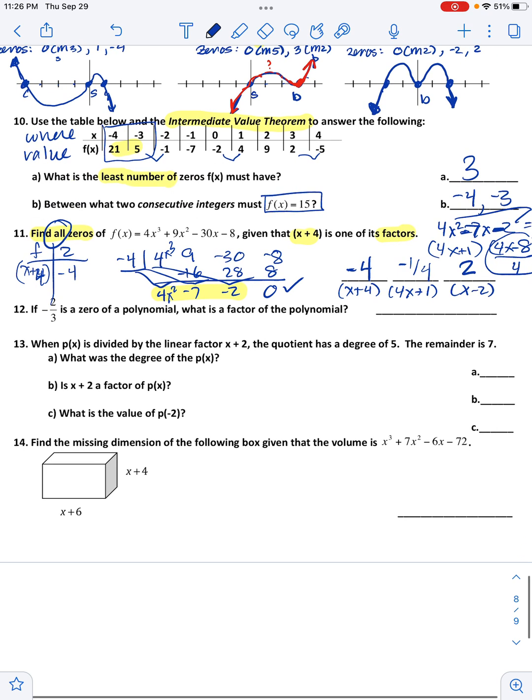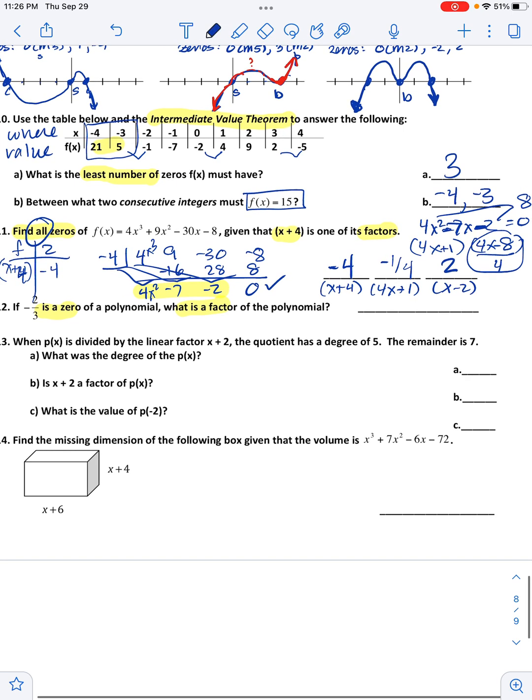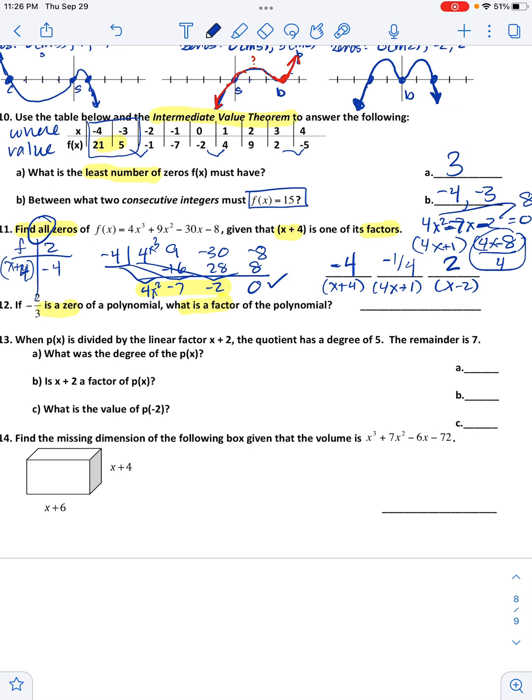All right. Again, just understand the relationship. If this is a 0, what is a factor? So it's back to thinking about that factor 0 table that I keep insisting is a brilliant idea. So I'm thinking about if they give me this as a 0, I got to work backwards.